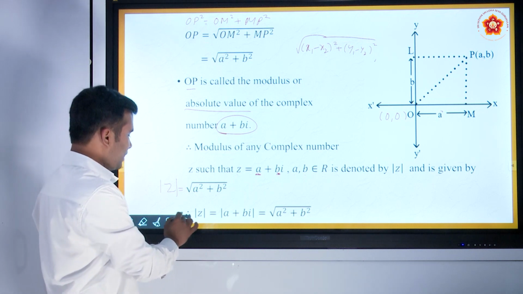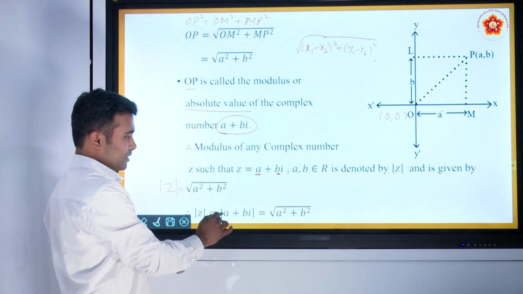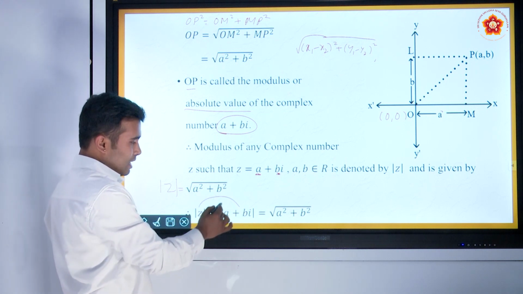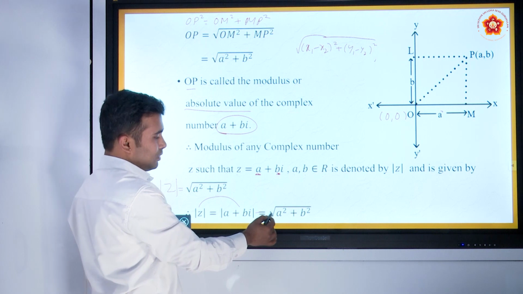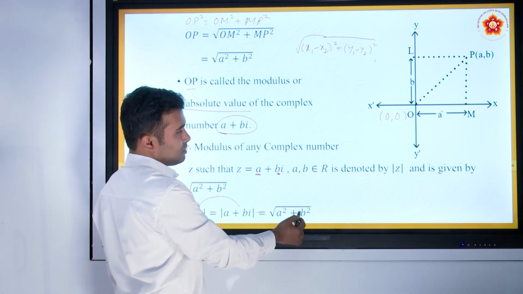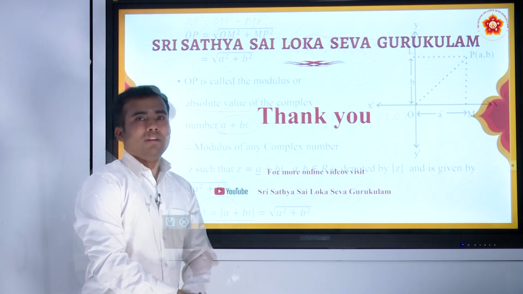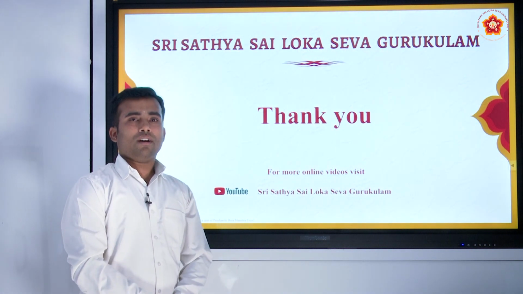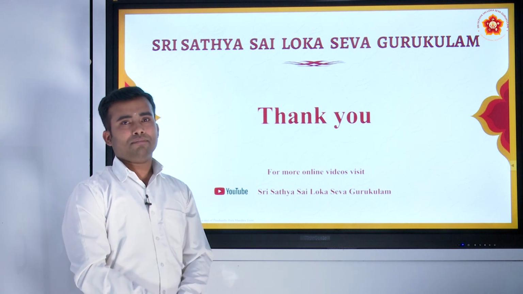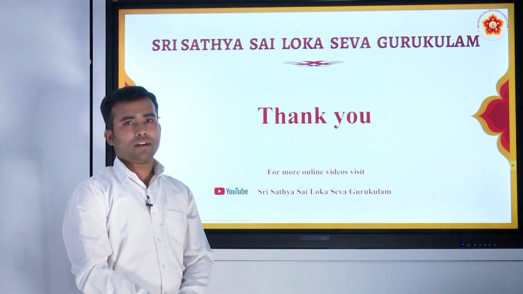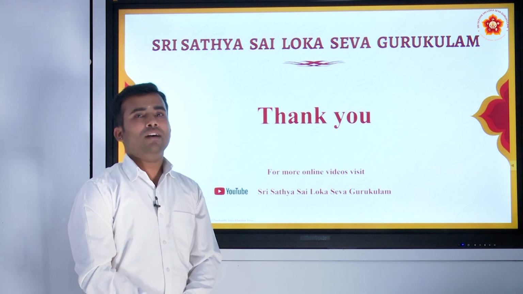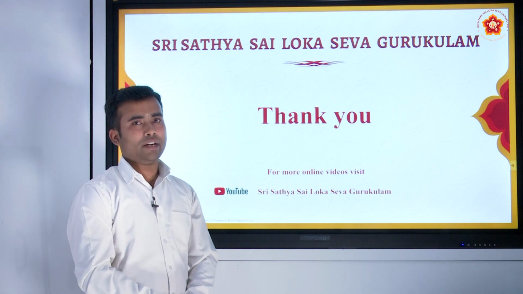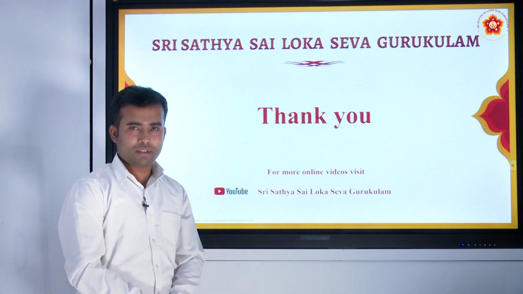So if z is equal to a plus bi and you take its absolute value, it gives the square root of a square plus b square. So we have found out the modulus of a complex number.